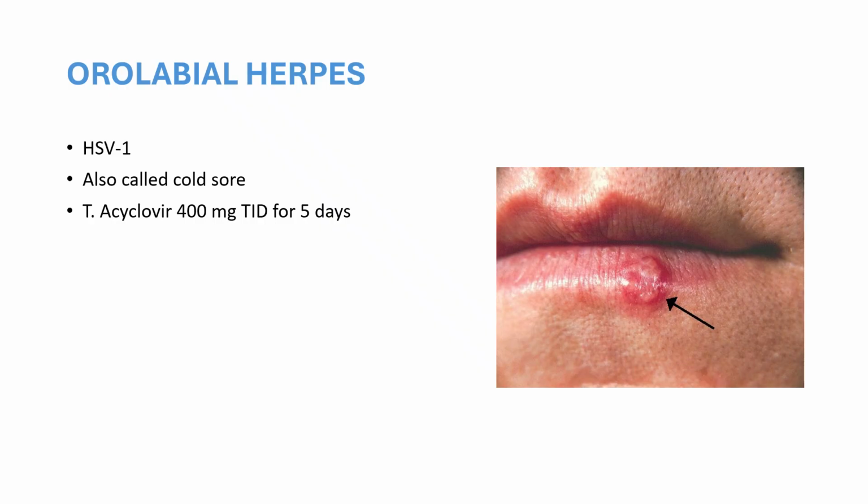Wherever phyton is there, you will have nail involvement. So Trichophyton and Epidermophyton will have nail involvement, and Microsporum does not have nail involvement, so it involves only the skin and hair. Trichophyton, it is tri, meaning all 3, that is skin, hair, and nail. So that is the difference between Trichophyton, Microsporum, and Epidermophyton.